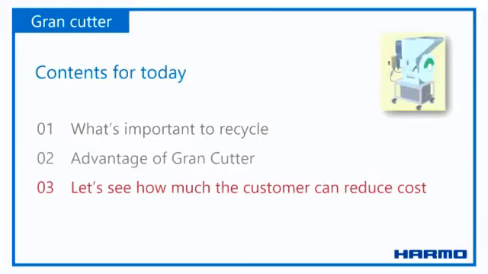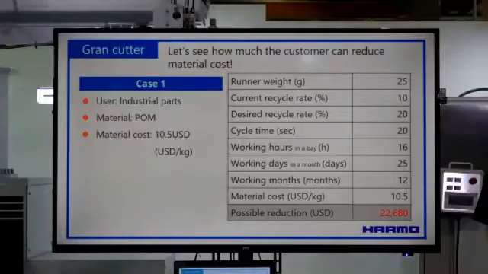Let's move on to the next topic for today. Let's see how much the customer can reduce cost. A few months after the customer installed the Gran Cutter, how much can they save by using Gran Cutter? Before we keep going, I would like you to remember that this number is just an example, and some customers have limitations or rules about using recycled material.